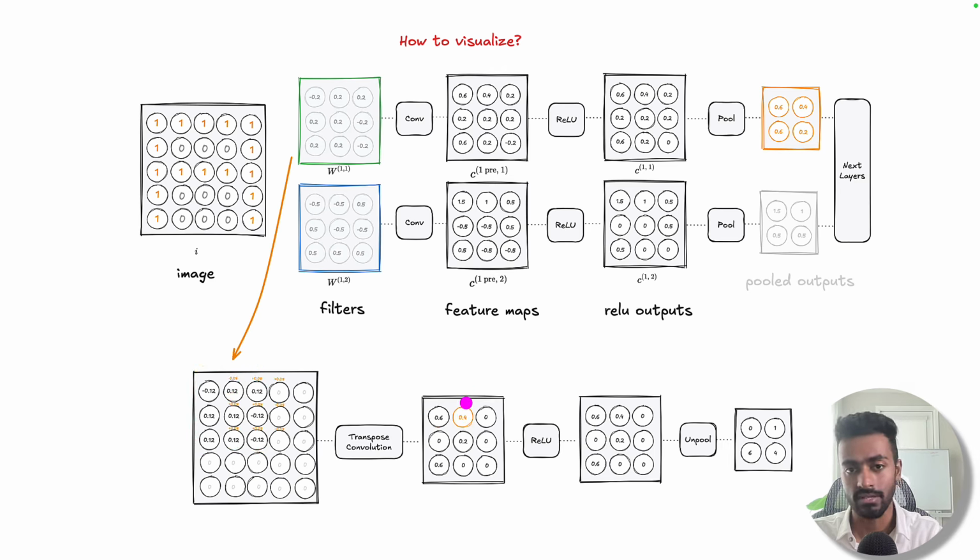Next, you do the same with 0.4. With 0.4, it's going to affect the neurons over here, and we take the product of this neuron along with all of these neurons over here. So that's plus or minus 0.4, which we add or subtract to the neurons here, and you get something like this. Everything else is 0, so plus or minus 0, nothing changes. So we go to the next non-zero neuron, which is 0.2.